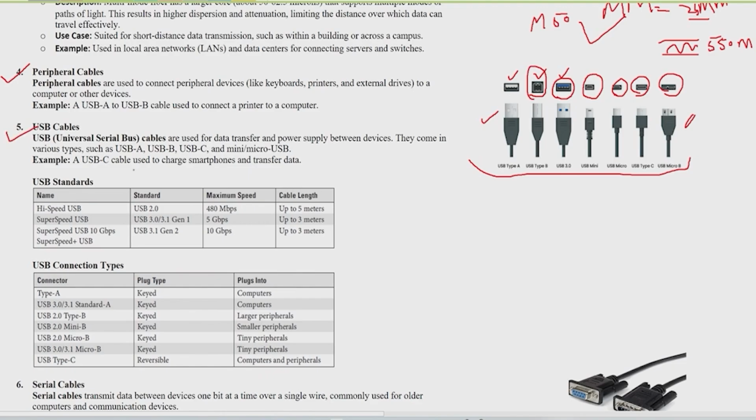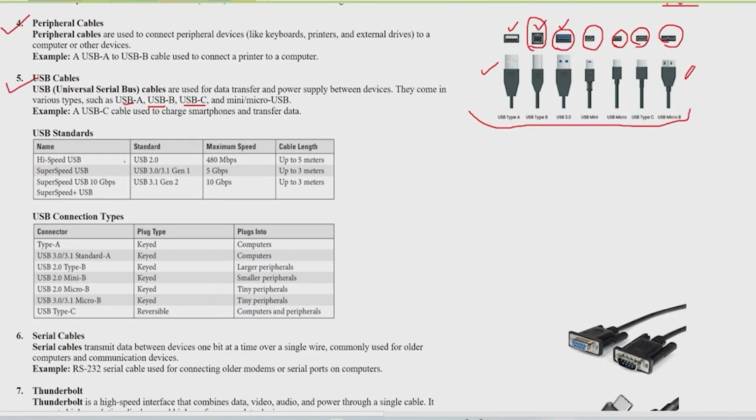USB cables, we already understood that USB connectors use USB cable, so it will be the same type of cable as the connectors we already understood. If we understand the connectors, A type, B type, C type, then we have to understand the cable also. The cable connector should be the same. USB standards are also there, 2.0, 3.0 and 3.1, generation 1 and generation 2.